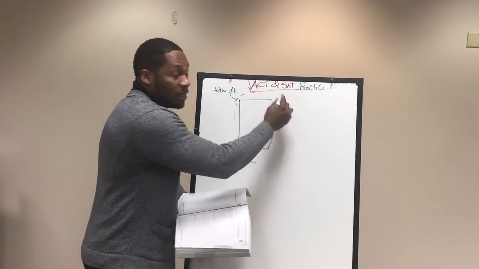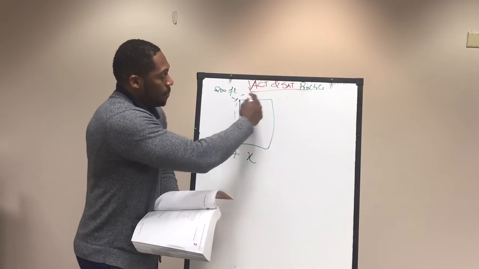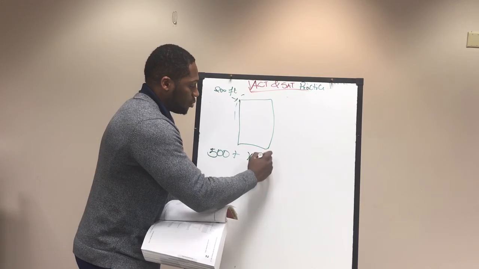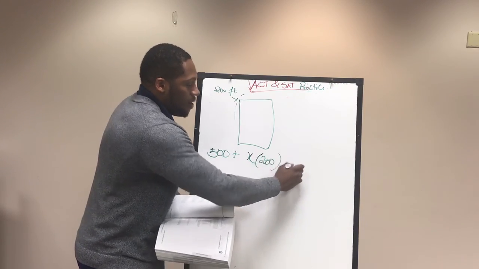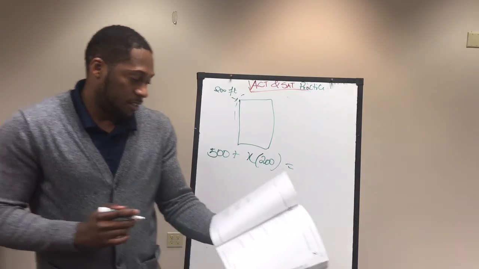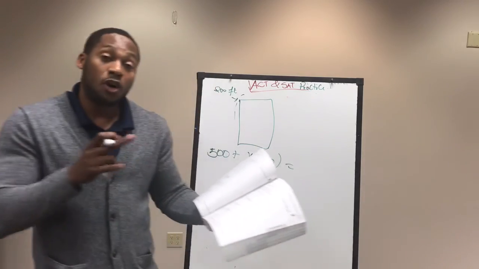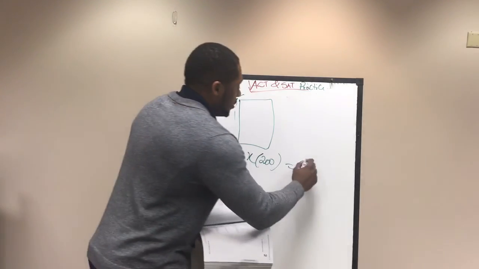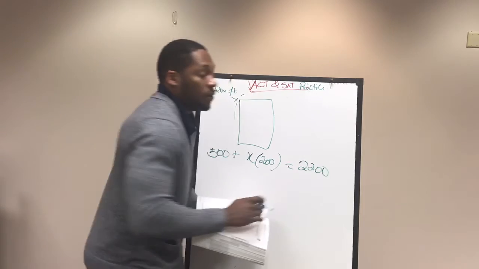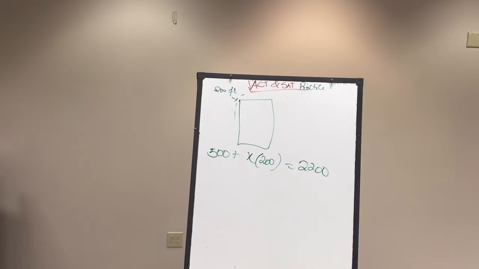How many feet is the company going to fence for him? 200 feet. And then what they tell us in the book is that the total is going to be an estimate of $2,200. So let's see how much Joe has to pay to get this fence around his house.